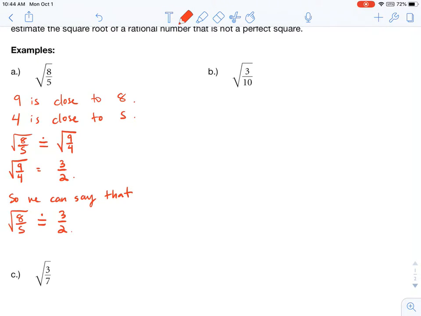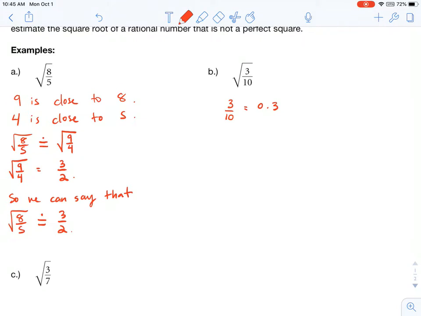Another way, so let's look at B, the square root of 3 over 10, and right away we say, yep, 3 is not a perfect square, 10 is not a perfect square. So again, we've got to use our benchmarks. But this time, I'm going to take 3 over 10 and change it over to a decimal, which is 0.3.